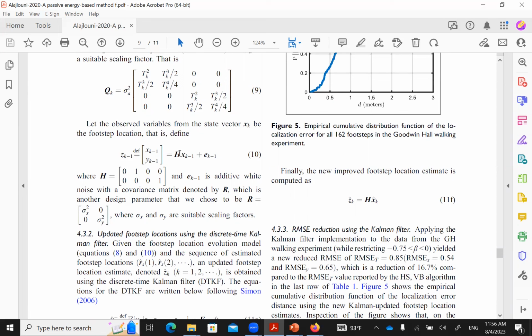I'm measuring some linear combination of x. The observations are nothing but the first, the second state, and the final state, which are x and y. So position, the location.